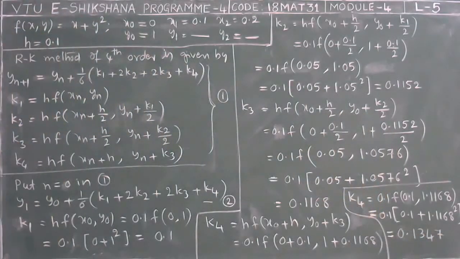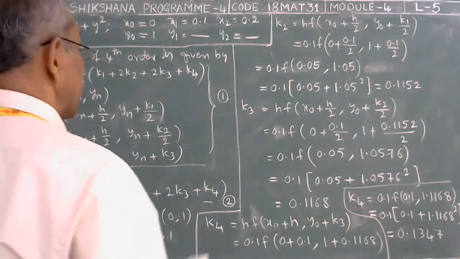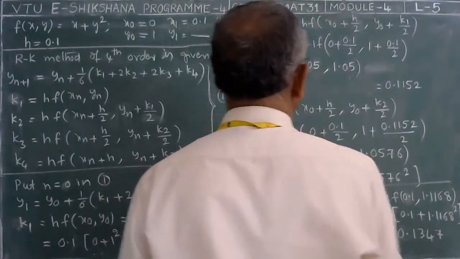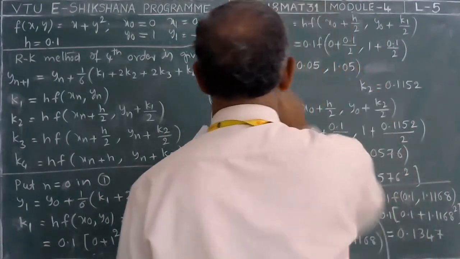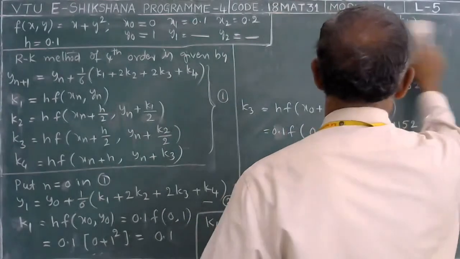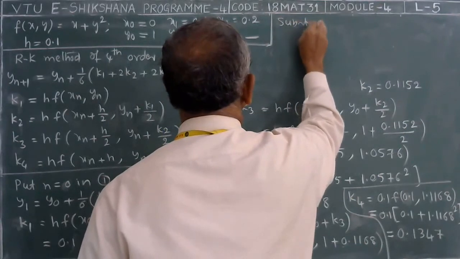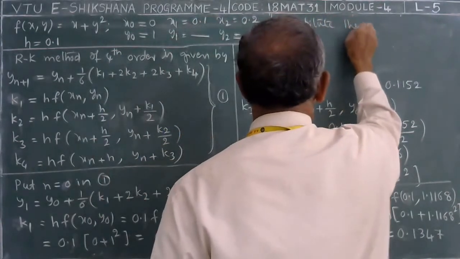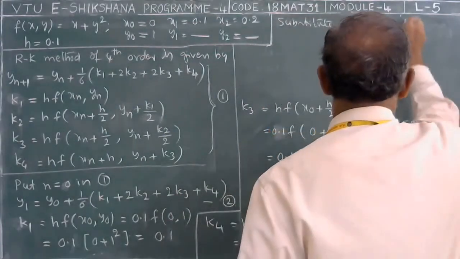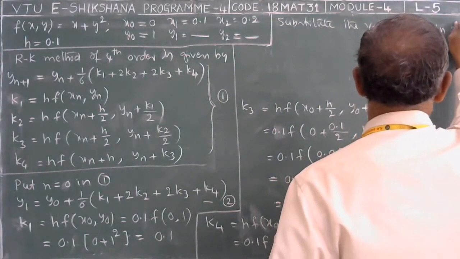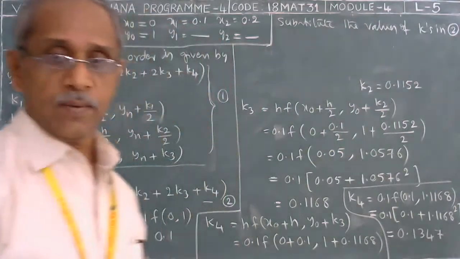Now let us substitute all these values to obtain y1. Substitute the values of k's in 2.